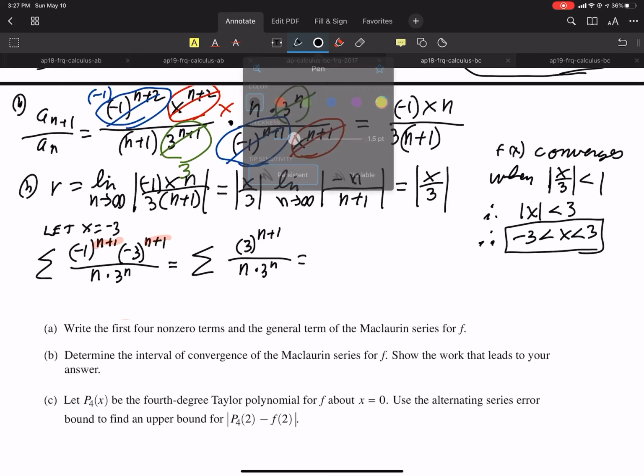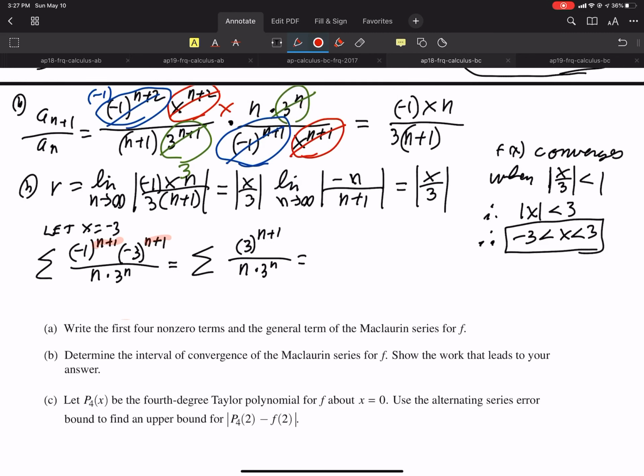Now, this is kind of cool. The top has an extra 3. That leaves a 3. I like that. It's kind of pretty. So that equals 3 over n, which is equal to 3 times 1 over n. But 1 over n is harmonic. Therefore, diverges because 1 over n is harmonic.